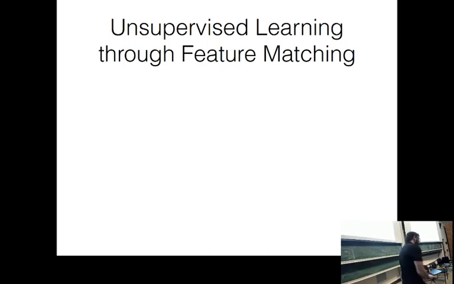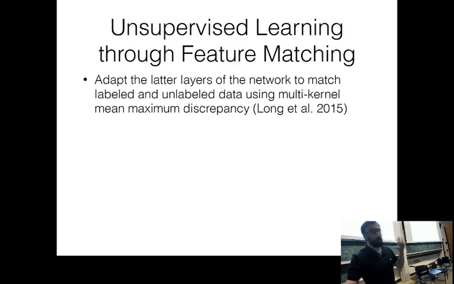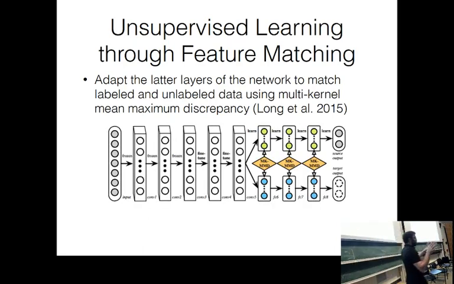Now, if you do not have a lot of parallel data, or just enough parallel or labeled data in the new domain that you want to adapt to, one option that you can use is feature matching. Basically, what you want to do is adapt the layers or some layers of your network so that any incoming unlabeled data do not produce very, very different distributions of features from your model.